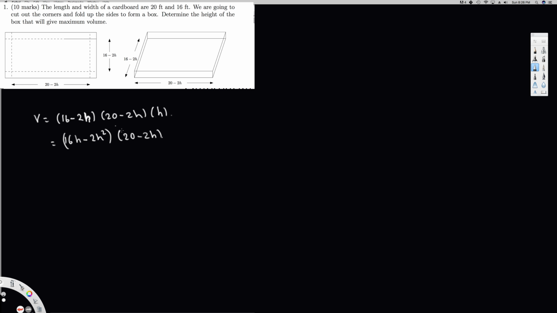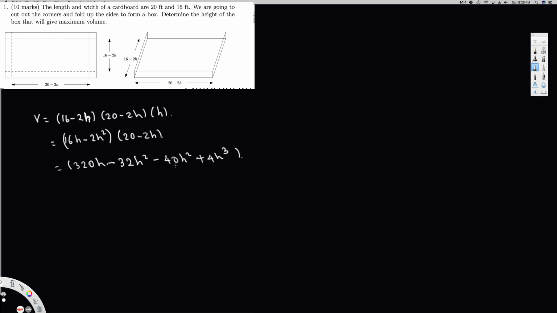If I multiply these two together, 16h times 20 is going to be 320h, and 16h times 2h is going to be negative 32h square, because of negative 2h. And we have minus 2h square here. If I multiply this one by 20, it's going to be minus 40h square, and minus 2h square times minus 2h is going to be plus 4h cubed.